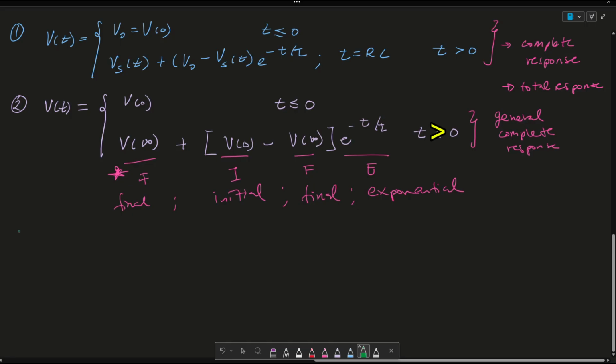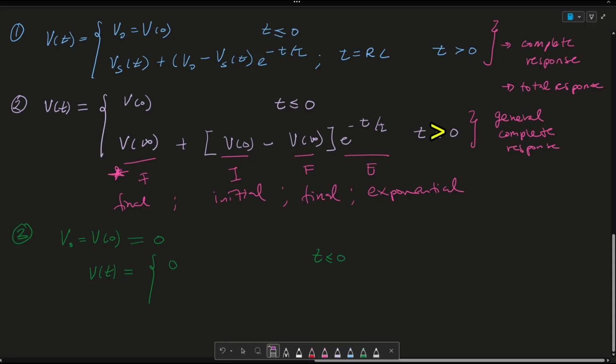So let's keep on going here and consider a third thing. And what we want to say is that we want to assume V0, which again is just V of 0, let's consider it to be 0. Okay, so my capacitor is uncharged initially. We're going to see then that V of t is going to be 0, because V of 0 is 0 for t less than or equal to 0.